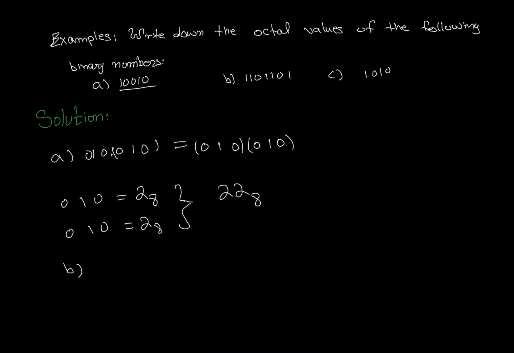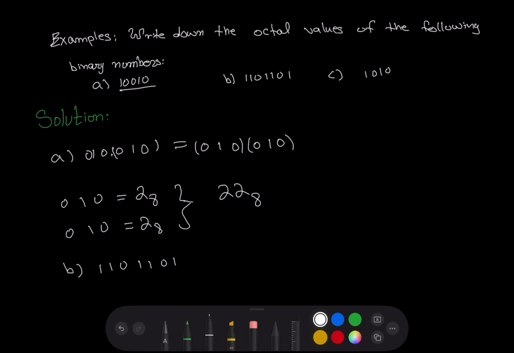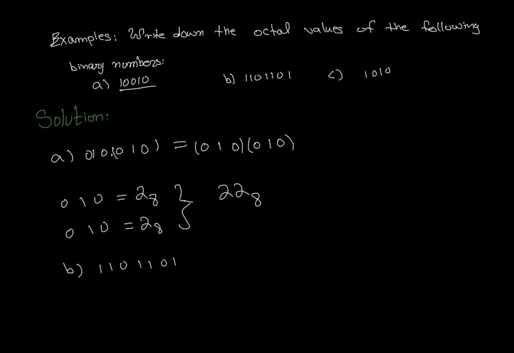Question B is 1 1 0 1 1 0 1. That's a binary number. We will have to separate three digits, or 3 bits. 1 3. That's the second 3. We're missing 2 numbers or 2 digits there.